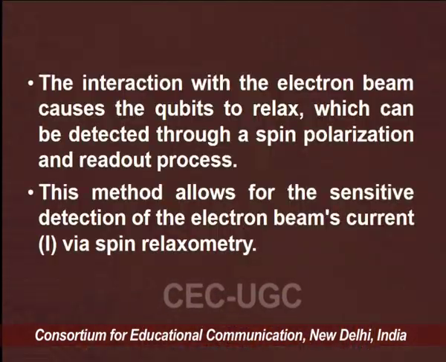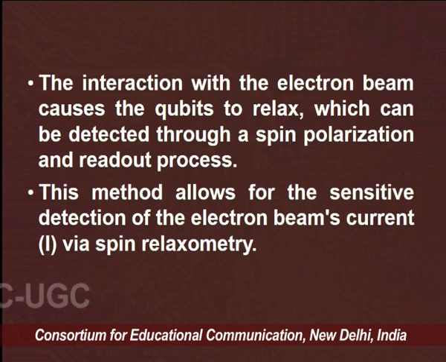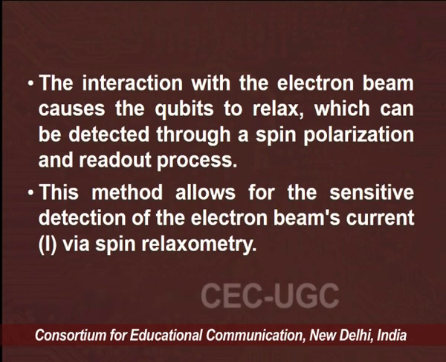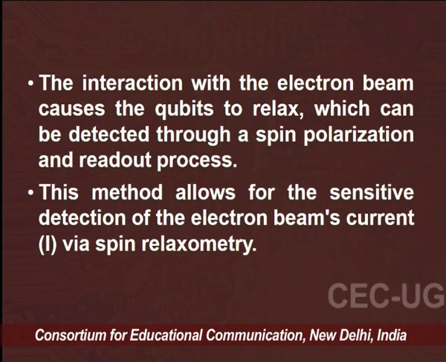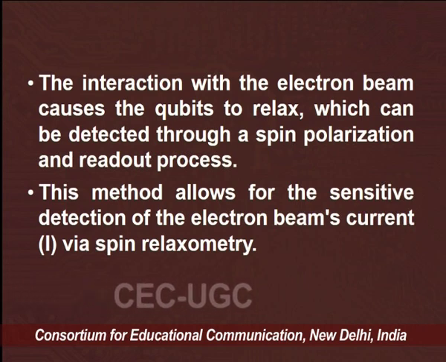So the interaction with the electron beam causes the qubits to relax, which can be detected through a spin polarization and the readout process. So this method allows for the sensitive detection of the electron beam current via spin relaxometry.